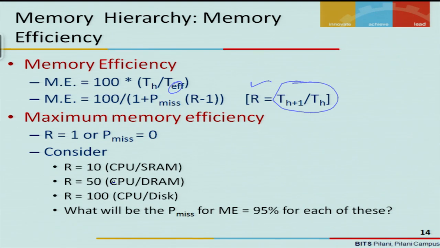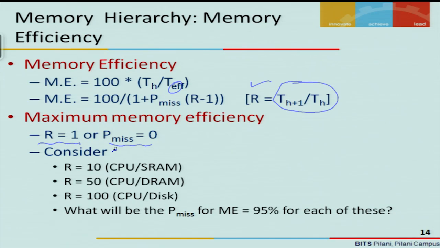So R is the parameter which tells me the maximum memory efficiency I can get. If R equals 1, or P miss equals 0, then I get the maximum memory efficiency, that is 100%.